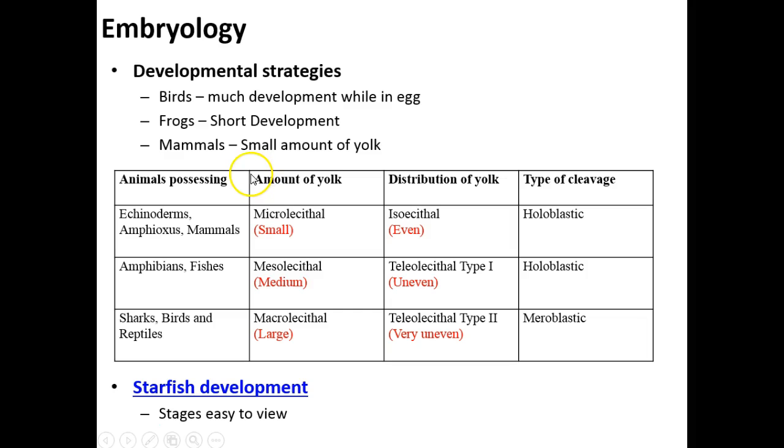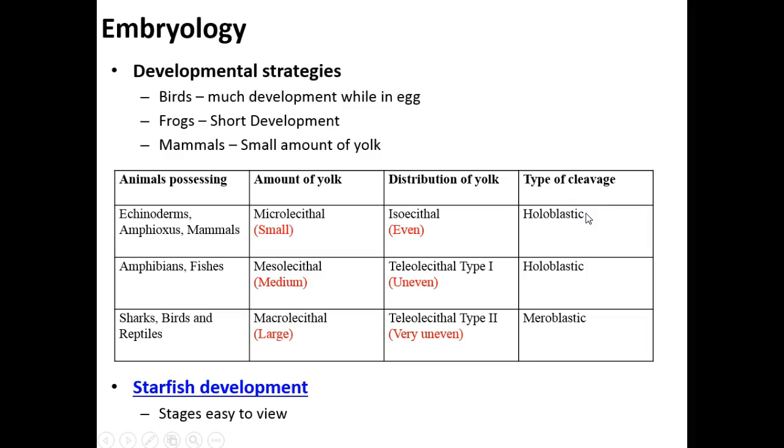So there's a few terms I want you guys to know. So echinoderms, amphioxus, and us, we have a small amount of yolk, which is called microlecithal. The distribution is even, so isolecithal, and there's holoblastic cleavage.